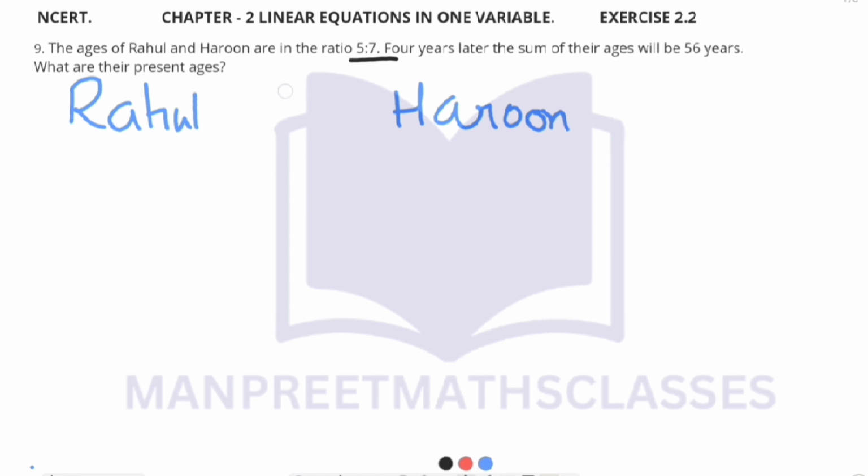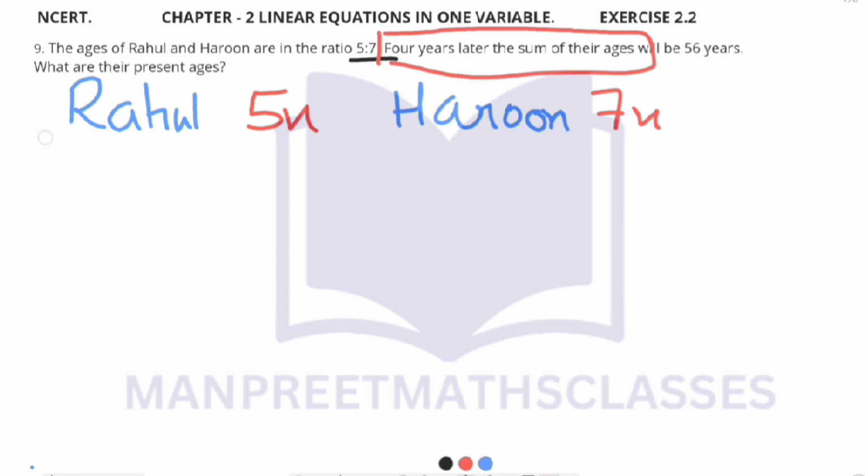Their ages are 5:7 means 5x and 7x. So you will write in such a manner that let the present age of Rahul and Harun be 5x and 7x. Now what we need to calculate ages after 4 years.